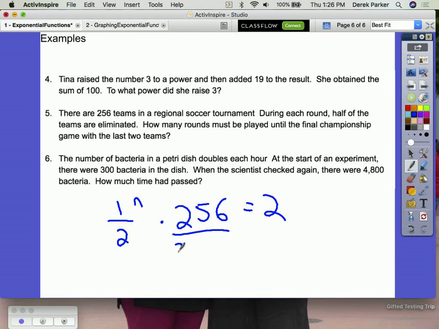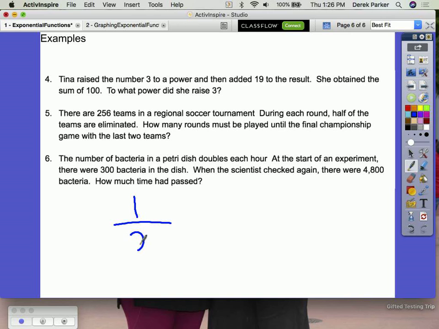Divide both sides by 256, and I get 1 over 128. I'm going to erase this and rewrite it. 1/2 to the nth power equals 1 over 128.